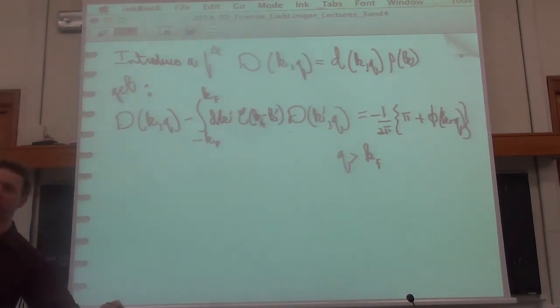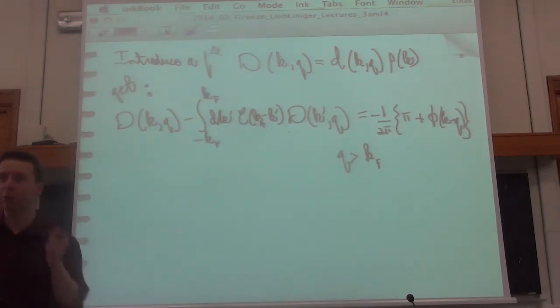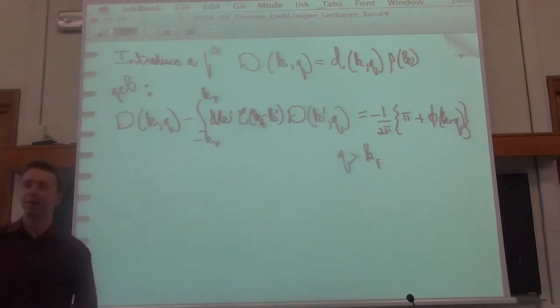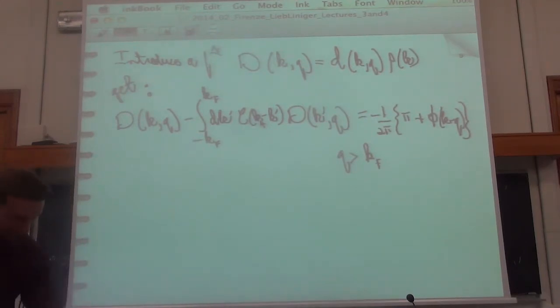In terms of q, this little q here, we don't know it because we haven't solved the Bethe equations. So here we view it the other way. We view q as the input parameter. We say we add a rapidity q, but since a rapidity is not a momentum, q is not the physical momentum you've pumped into the system. So you need to calculate the momentum you've pumped into your system. Okay, so what is that?